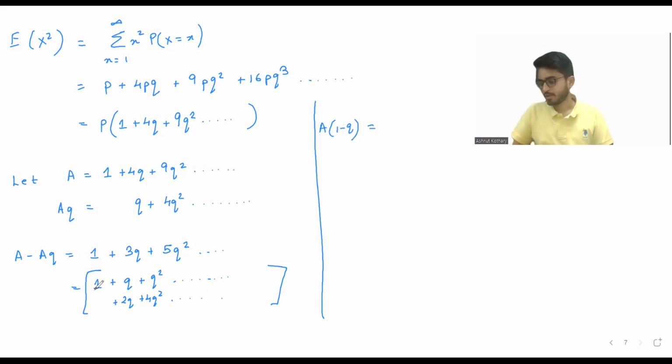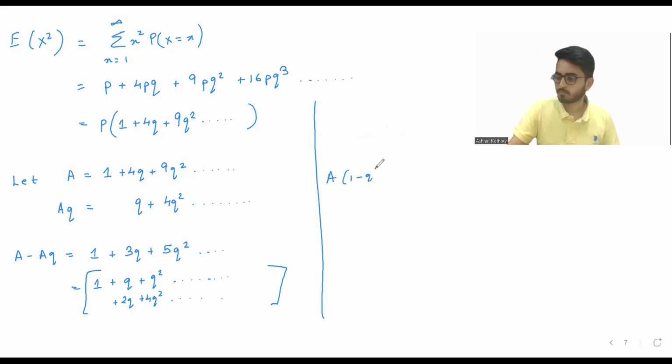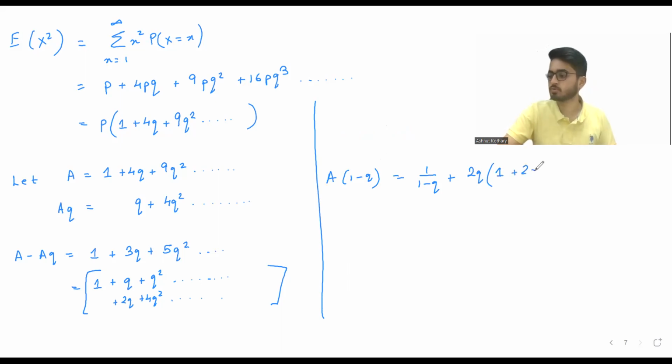On RHS, if you take a look at the first line, this will be nothing but 1 by 1 minus q, right? And the second term, the first line will be nothing but 1 by 1 minus q, and second, if I take 2q common, I will be left with 1 plus 2q, 3q square, so on, which again is nothing but a recognizable format.